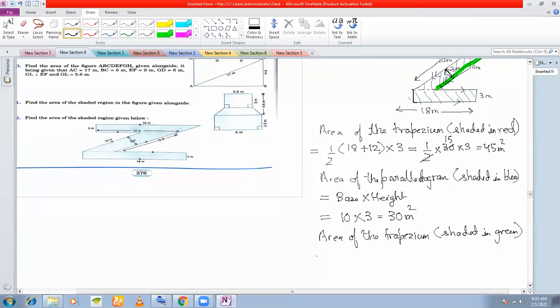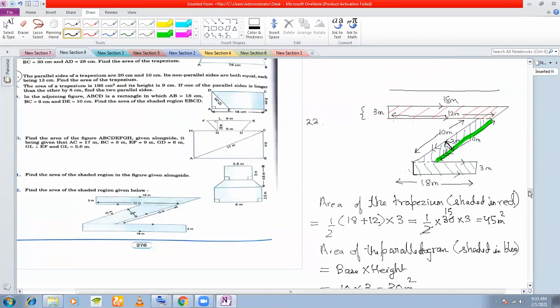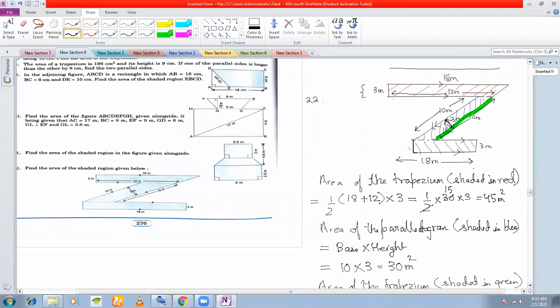Let me first find out the area. Half, again, sum of the length of the parallel side. What is the length of the parallel side here? One parallel side is 18. This length here is given to you as 18. Okay, this is a rectangle. Okay, you're talking about this. It is a rectangle.